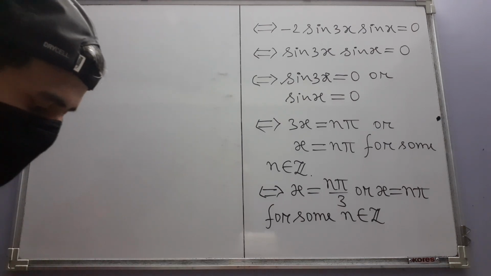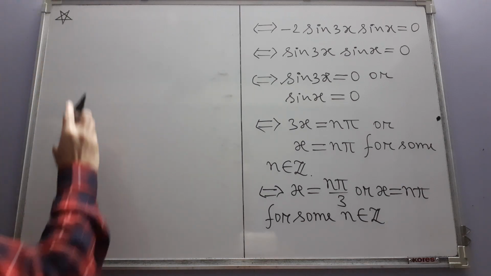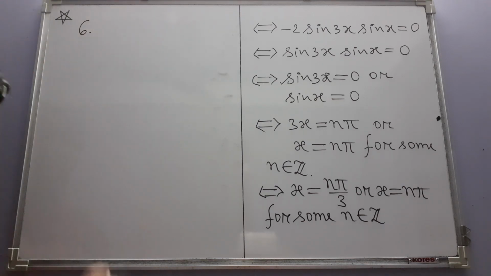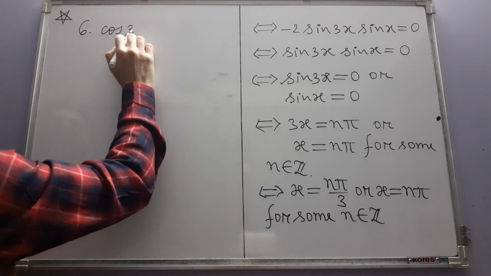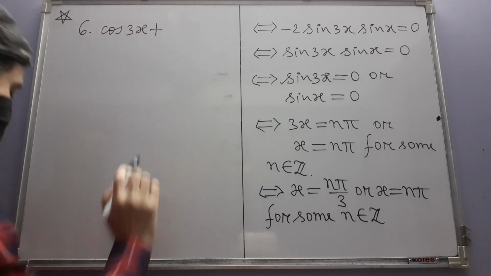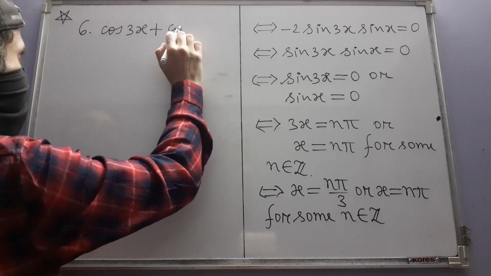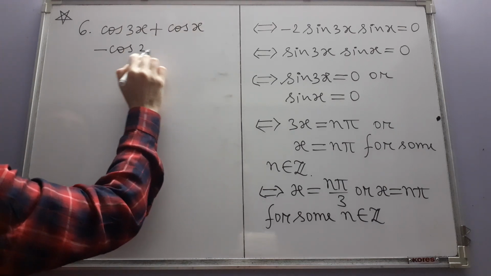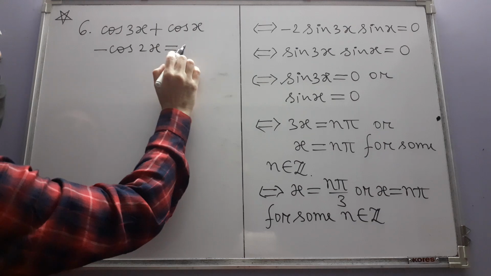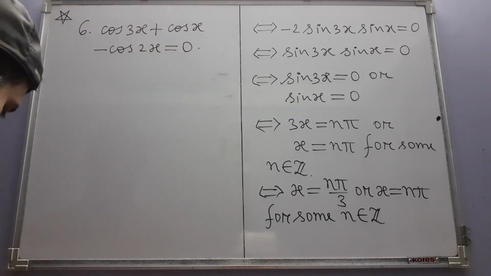Then the next one, this one involves 3 terms: cos 3x plus cos x minus cos 2x equals 0. Okay.